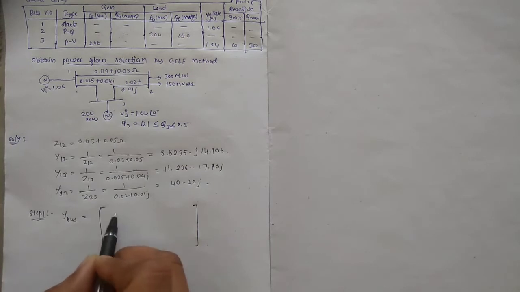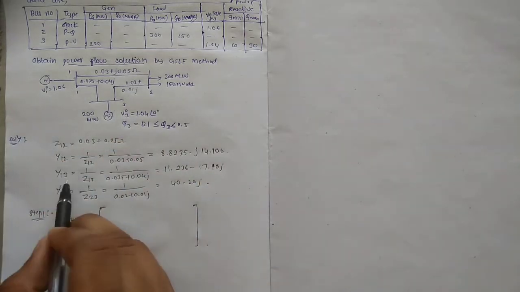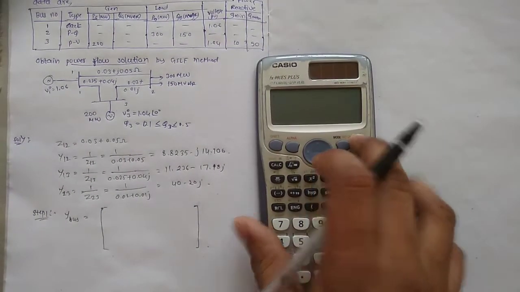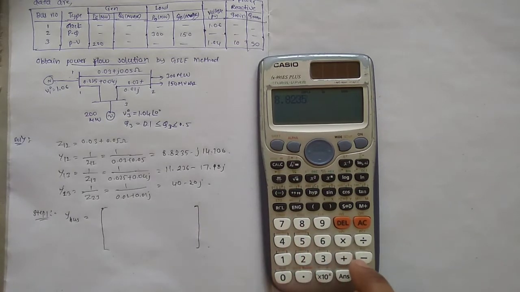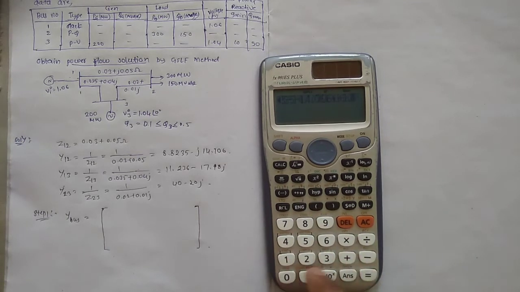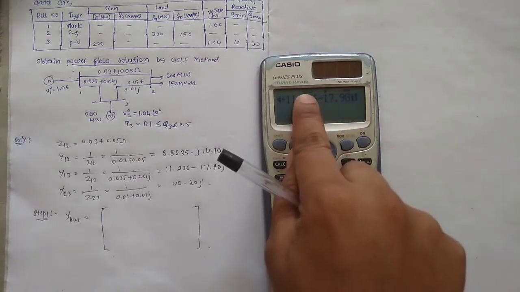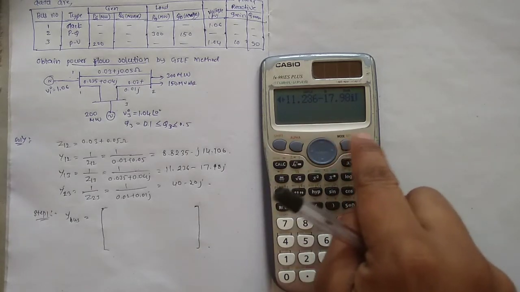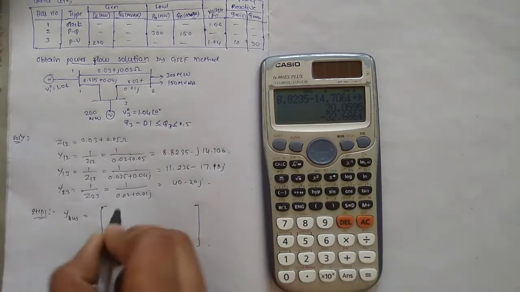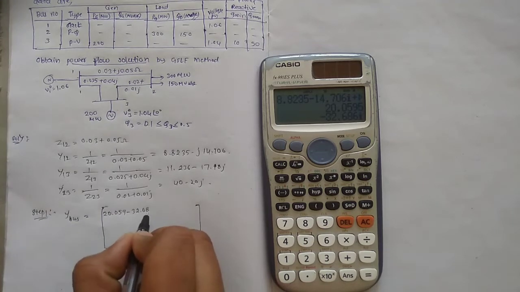We need the Y11 element first. From bus 1 we have to take Y12 plus Y13, so we need to add these two values: 8.8235 minus j14.706 plus 11.236 minus j17.98. Keep the calculator in complex mode: press mode and choose complex. We get 20.059 minus j32.686.